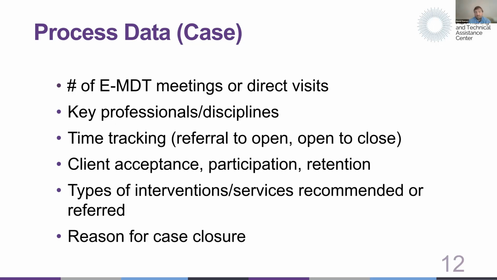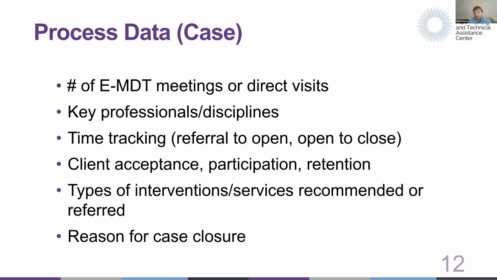There's also process data around time tracking. How long does it take from the time that you refer the case, through your consultation or intake process, to where you're actually discussing it openly in a meeting? And once you open a case, how long do your cases tend to be open for? This kind of stuff is obviously very important.